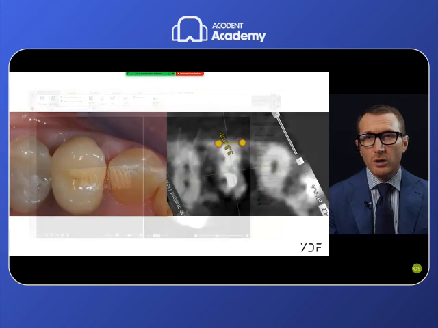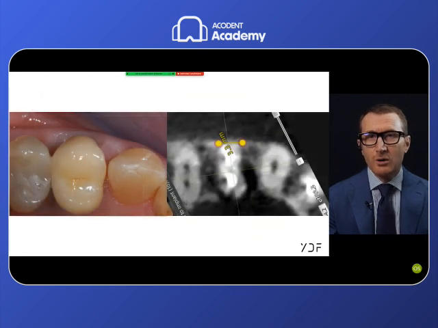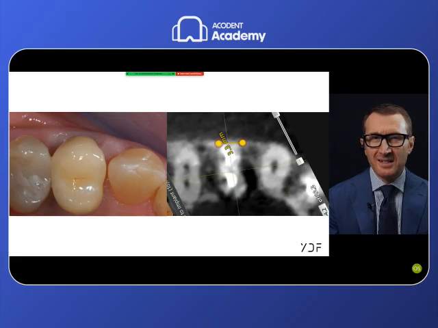But we should look also differently, and looking from a regeneration point of view, the two main walls for the regeneration in this case are the mesial and distal walls. So the distance between these two walls is 3.3 millimeters in this case. It means that it is a really small deficiency in terms of bone regeneration.